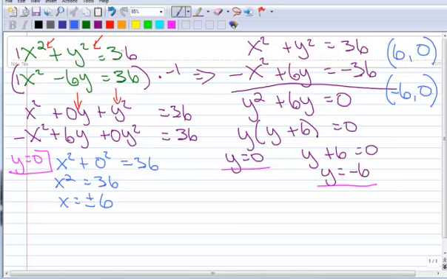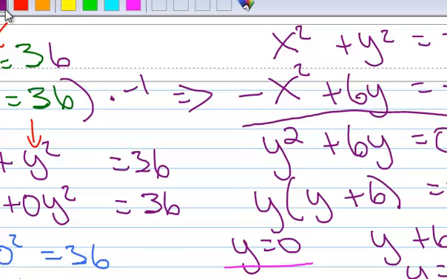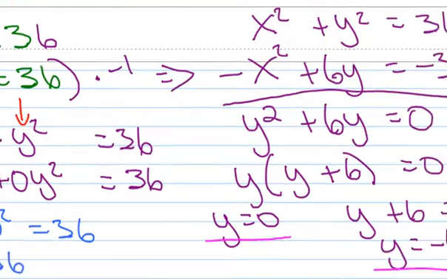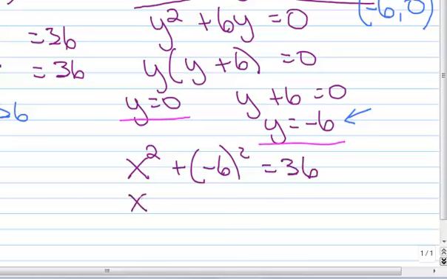Now let's take the y equals -6. We'll just work right here with that one. So y equals -6, and we're going to put that back in the equation. So x squared plus -6, notice how I put it in parentheses because I'm going to square it, equals 36. So I have x squared plus 36 equals 36. Subtract 36 from each side, you get x squared equals 0.